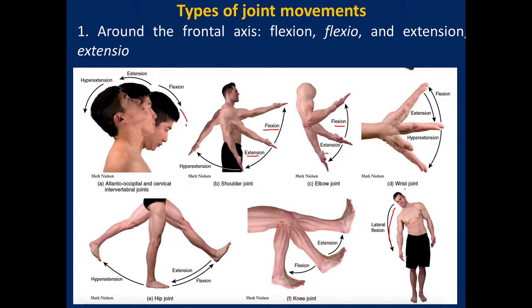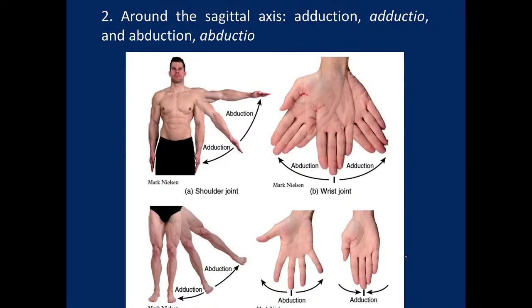for vertebral columns. Around the sagittal axis, we distinguish adduction or abduction. What does it mean? Abduction is when we move the arm up, and when we move it back to the body, this type of movement is called adduction.